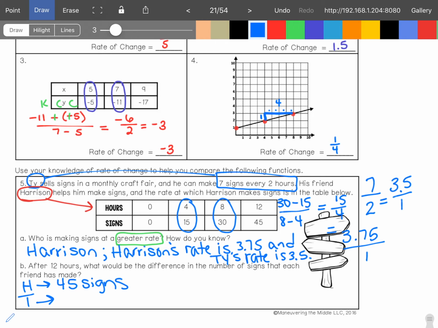Well, we know that he makes 3.5 signs in 1 hour because that's what his rate was. So if we do 3.5 times 12, if you want to use your calculator, you can, it should give you 42.